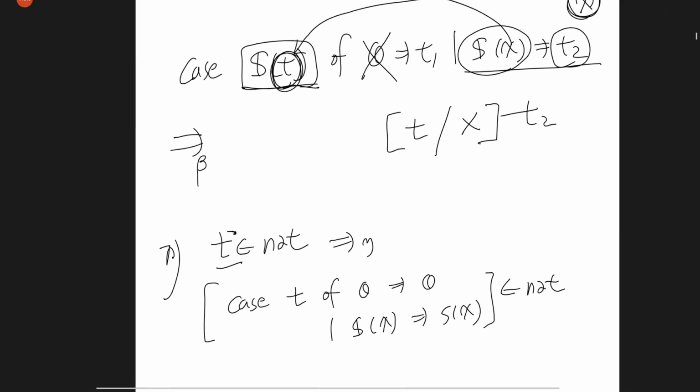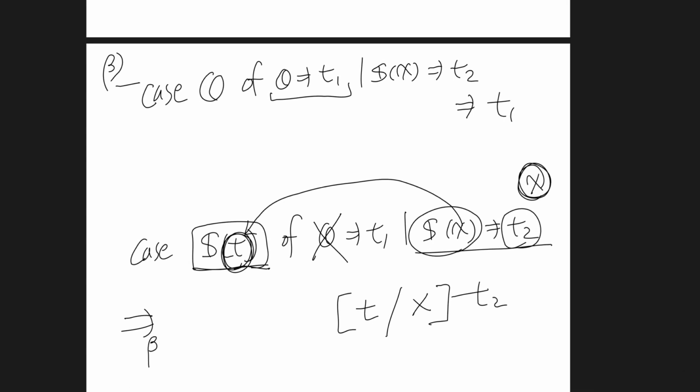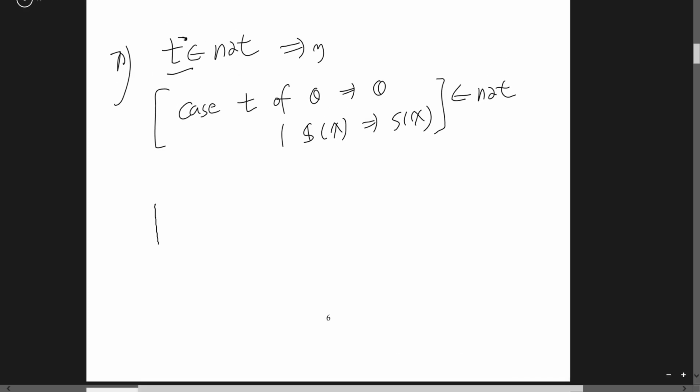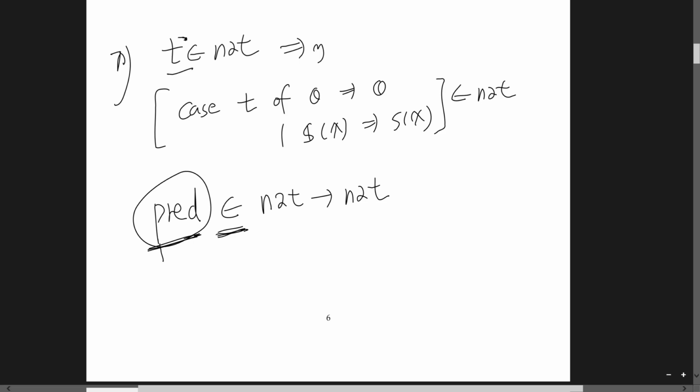Now we can write simple functions operating over natural numbers. The first example is the predecessor function. Predecessor belongs to data type nat arrow nat. Note that here we use this symbol because this predecessor function is going to be really a function of this data type.